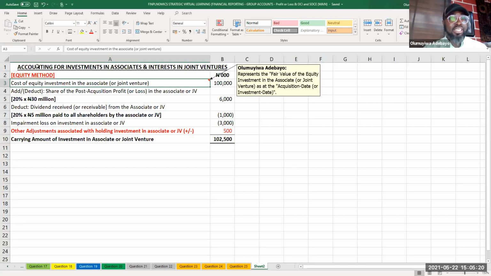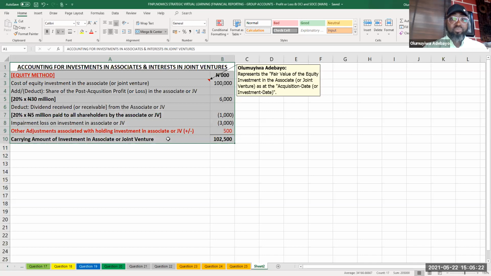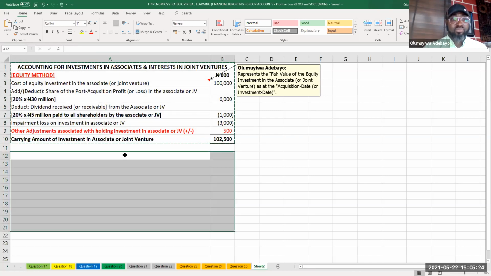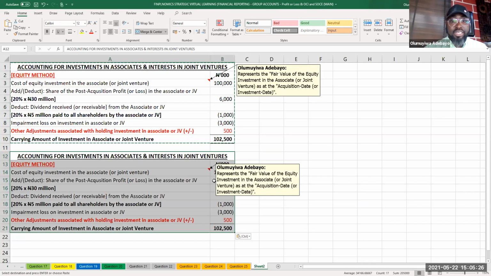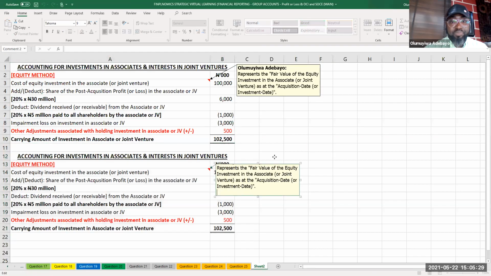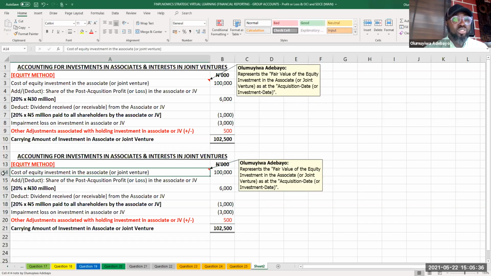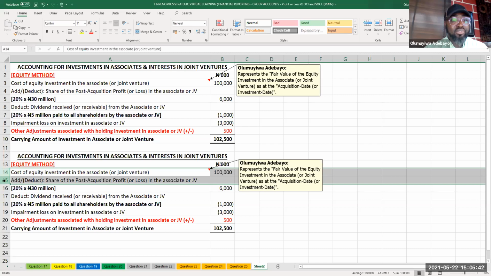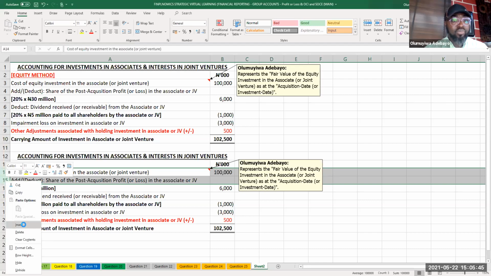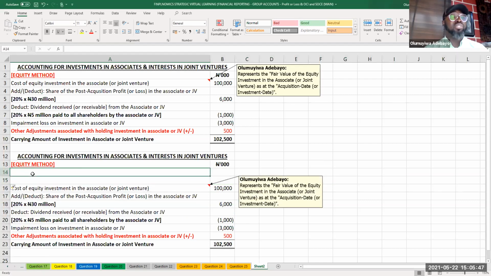Which means that if, for example, this was not cost, the company always carries fair value in a separate financial statement, as equity investment in the separate financial statement, not in the consolidated.